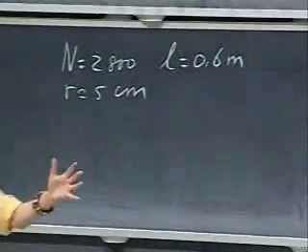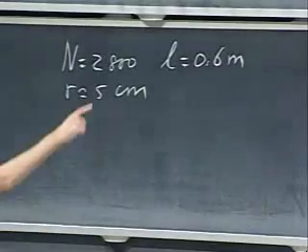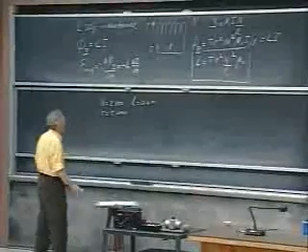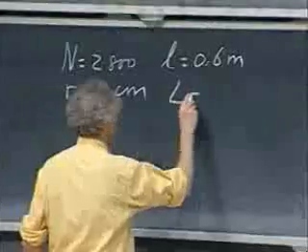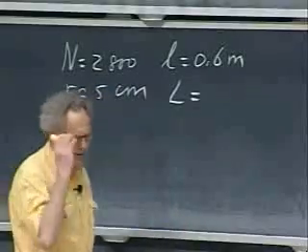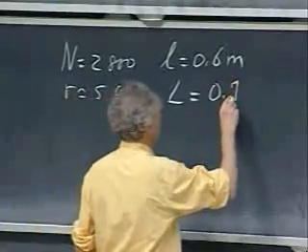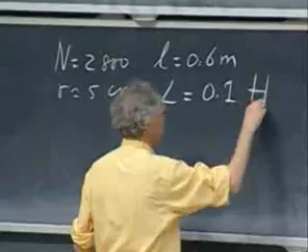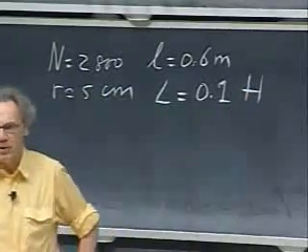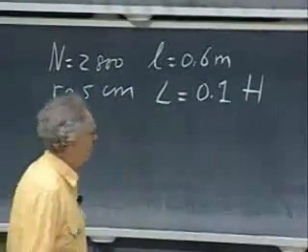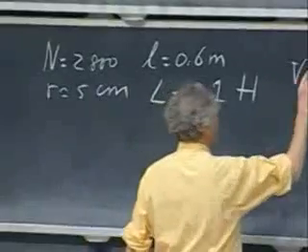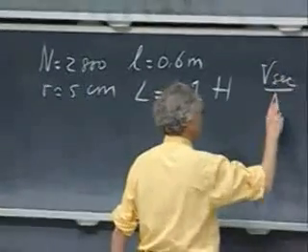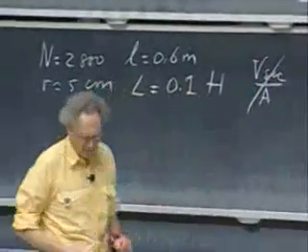We had it several times out here. And if you substitute those numbers in there, you will find that the self-inductance of that solenoid is 0.1 in SI units, and we call the SI units Henry, capital H. It would be the same as volt seconds per ampere, but no one would ever use that. We call that Henry.